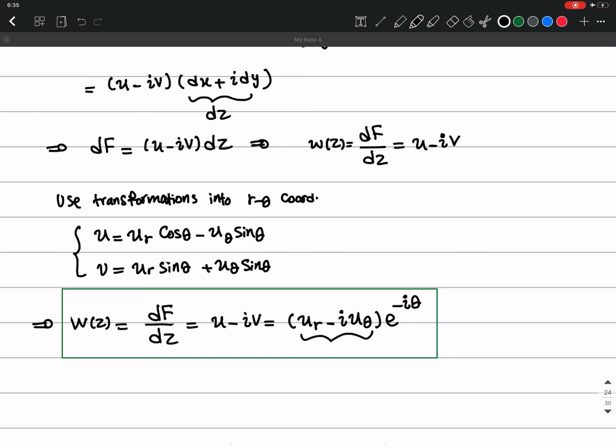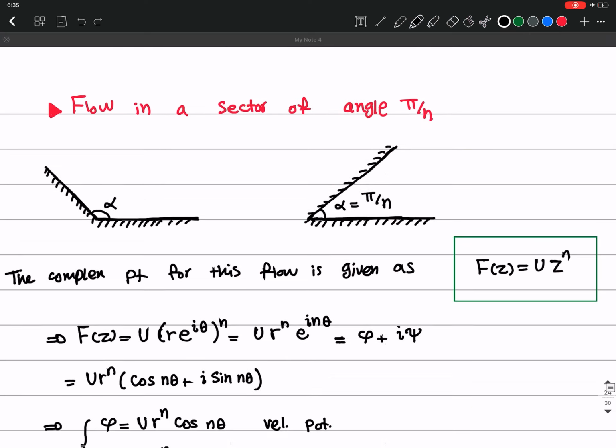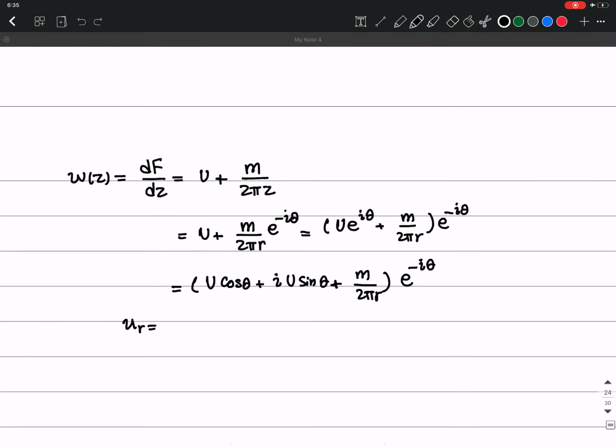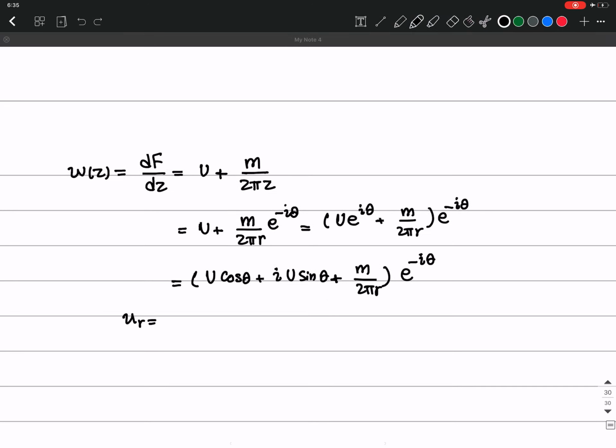The real part of this part is going to give me ur, and the imaginary part is going to give me the tangential velocity. So ur is going to be u cosine theta plus m over 2 pi r, and then the imaginary part, u theta, is going to be minus u sine theta, because that was minus i u theta.